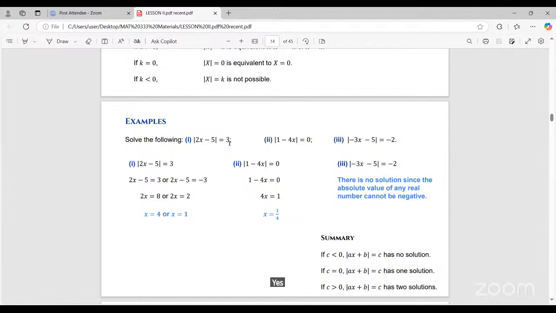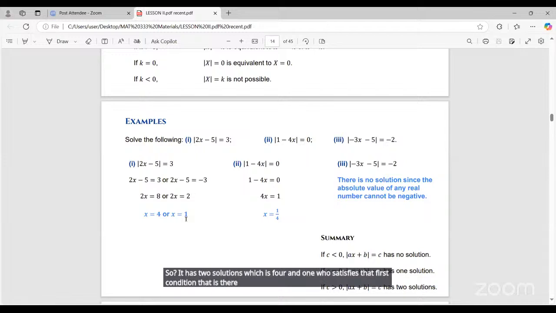Now, that's our assumption, so this is equal to 3. So it has two solutions, which is 4 and 1, which satisfies that first condition. Do you agree with me?